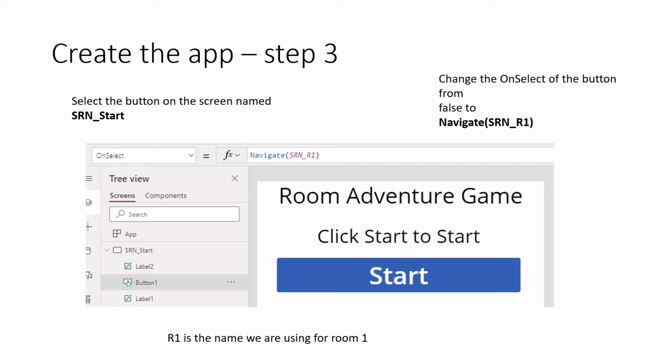You'll probably find, because you've already created srn_R1, that it will try and autocomplete for you, which is great. You can just click that and it will fill it in. You'll just need to type in the close brackets. So that will mean that when someone clicks or taps the button, it will jump to that new screen.